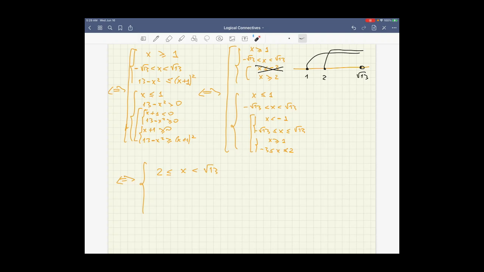So what do we get here? We can definitely simplify it. This condition may be dropped because it's automatically included here anyway.